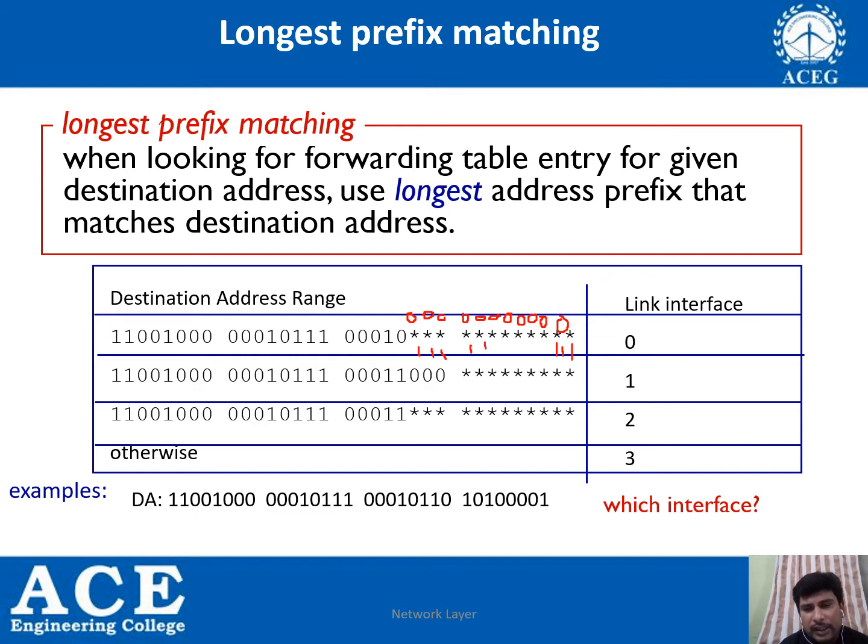Now if you look at the destination address which we have received from the datagram, 0110 10100001, among all these, it doesn't match the remaining. Why? Because the fifth bit is 0 here, but in the remaining two cases, the fifth bit is 1, so it is not matching.